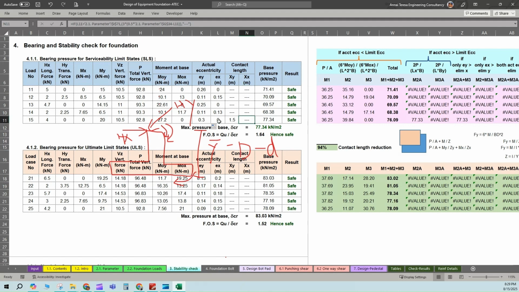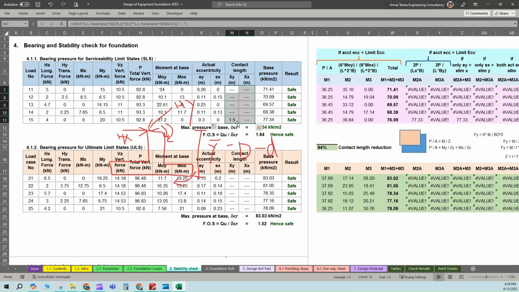So for this, the contact length in XX is fine so far, because all the eccentricities are within the limit of eccentricity. So this is what contact length is.